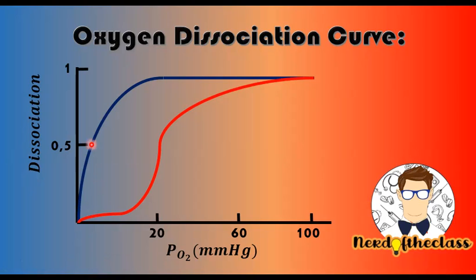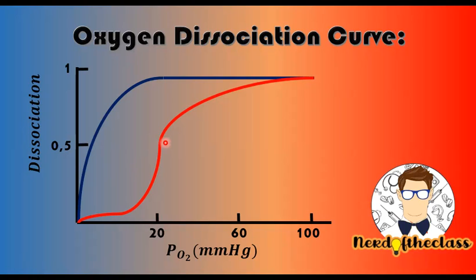More than 50% of the molecules will be dissociated for a very low pressure of oxygen. But we need more than 40 millimeters of mercury to have the same saturation or dissociation for the hemoglobin.